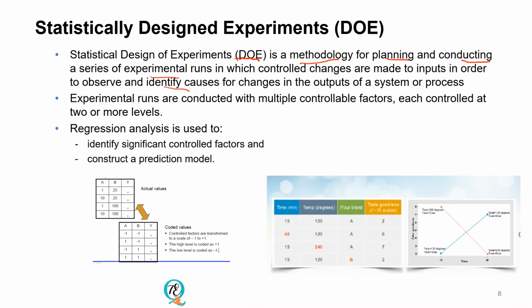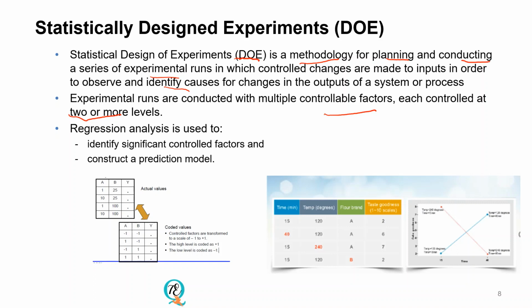The experimentation runs are conducted with multiple control factors at the same time, and they can be controlled at 2 or 3 levels of the factors, and are designed into a table, and the experiment is run.